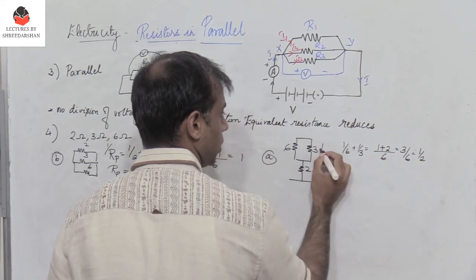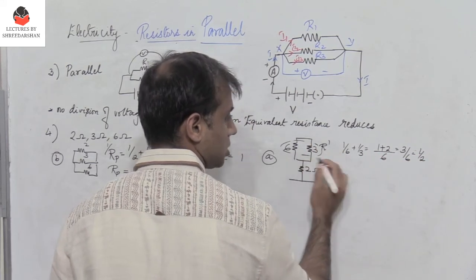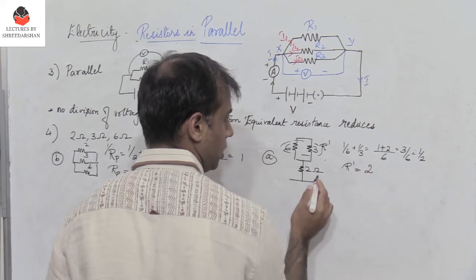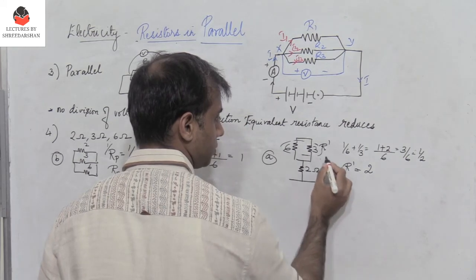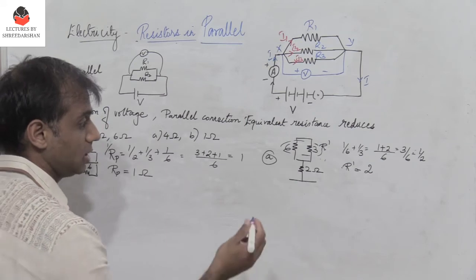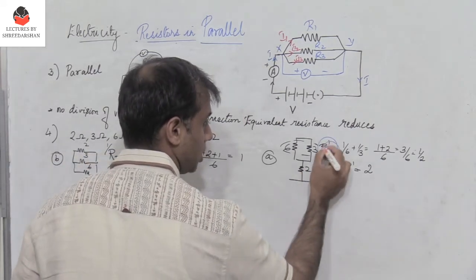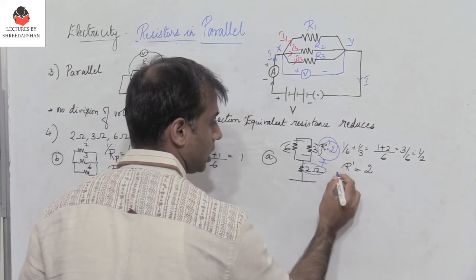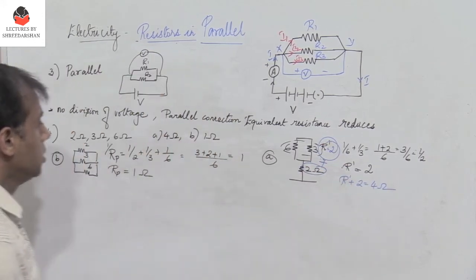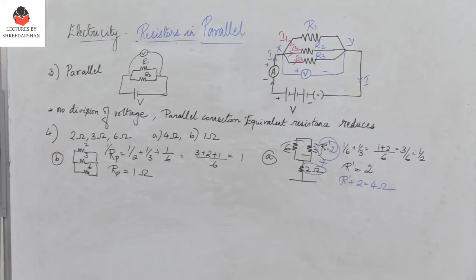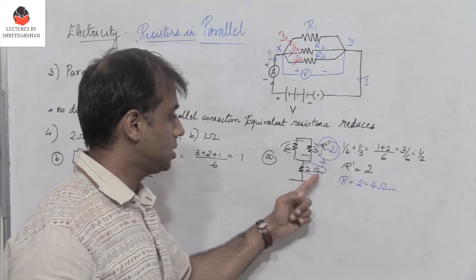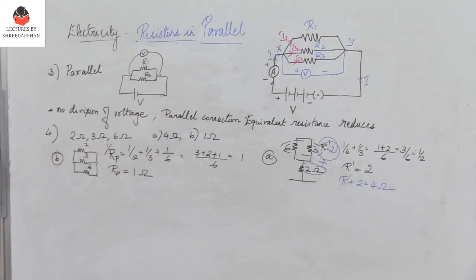So if I call this R dash, the equivalent resistance, R dash is the reciprocal of 1 by 2, which is 2. So R dash is 2, plus another 2 ohms connected in series. So 2 plus 2 will give me 4. So R dash plus 2 gives me 4 ohms. So to get an equivalent resistance of 4 ohms, I have to connect 6 and 3 in parallel and then 2 in series, so I get 4 ohms.